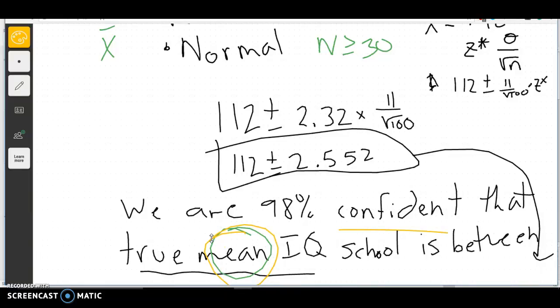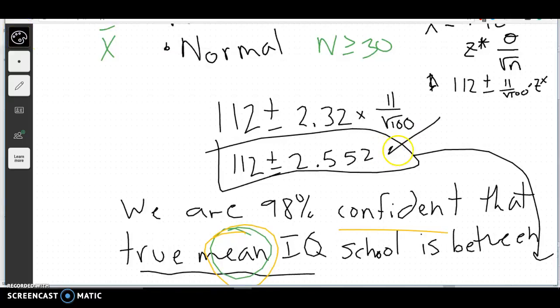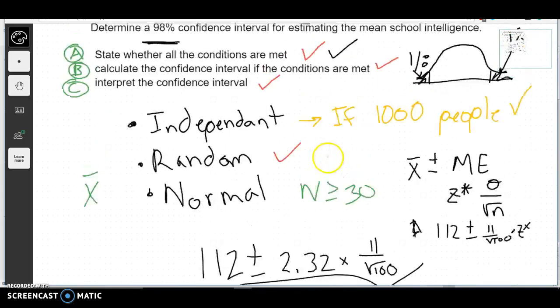Okay. Here's one last thing that we're going to have to be able to do. We want to make sure that we're able to pick the size that we want of our margin of error. So a lot of times you want to pick your margin of error size, and so that's the very, very last thing we'll do.